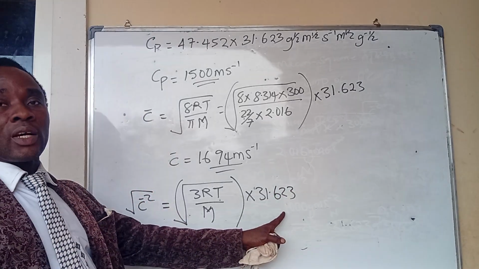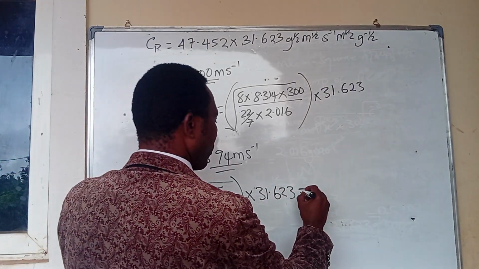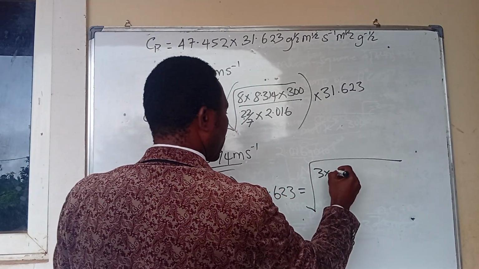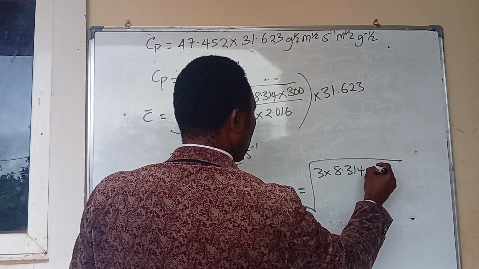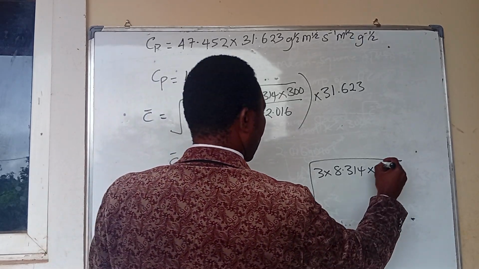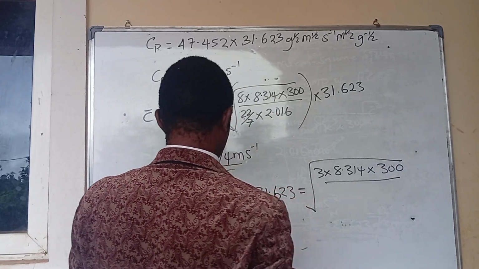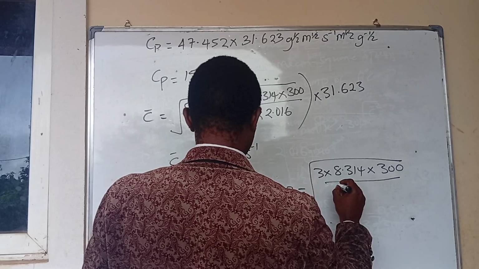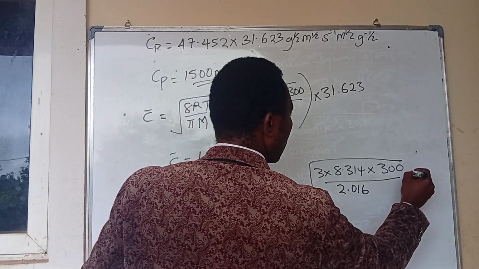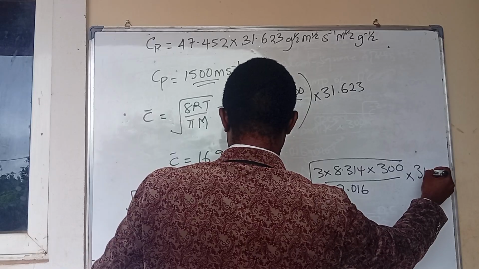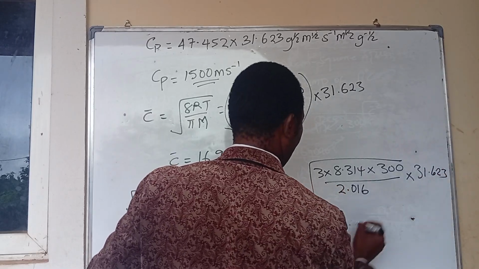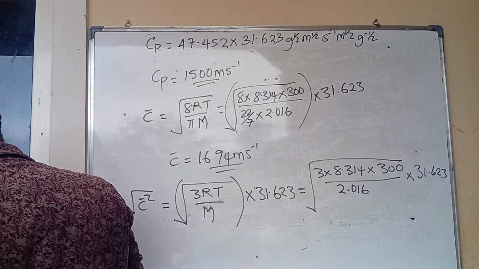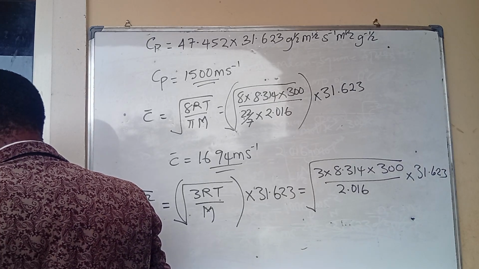31.623. This is the conversion factor. So this will give us the square root of 3 times 8.314 multiplied by 300, then divided by the molar mass, which is 2.016 multiplied by 31.623. When we take that, here I'm getting 1838.